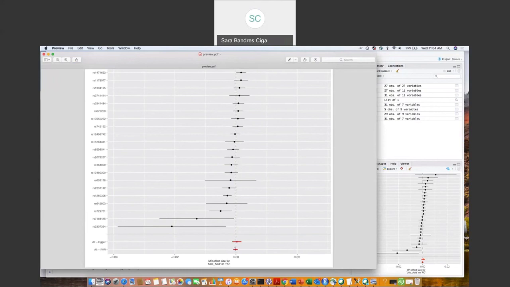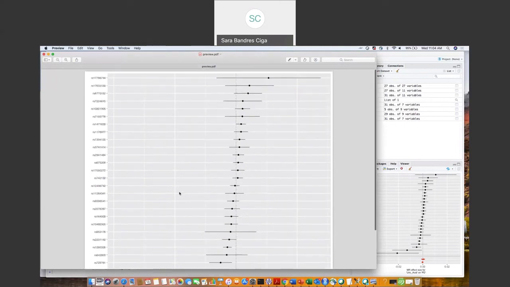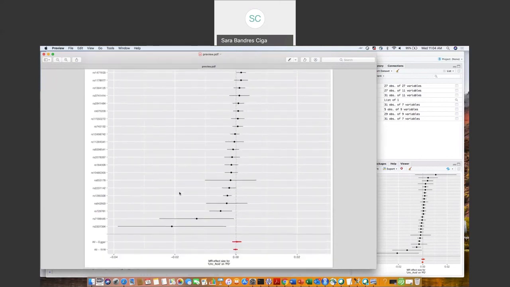If you see those lines here, that's risk. If you see the lines here, that's protection. Because if the beta is positive, it is risk. If the beta is negative, then you see protection. Yes, you have these two or three SNPs here.